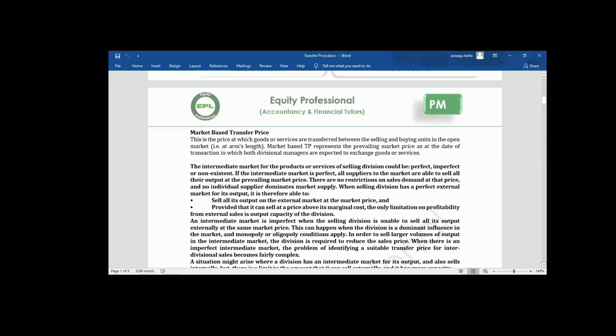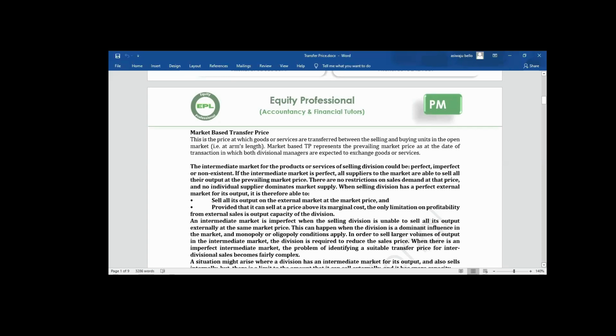For example, Division A's maximum capacity is 500,000 units of a product, and it is possible for Division A to sell all the 500,000 fully at the external market. External customers are willing to buy.